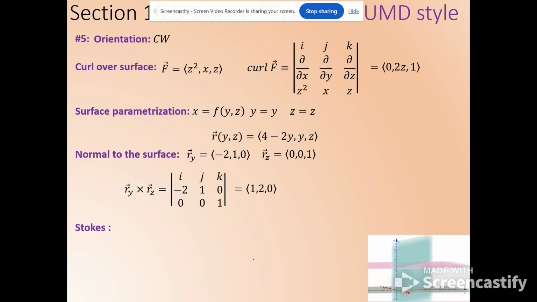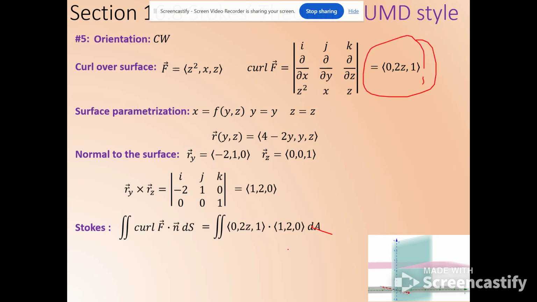Set up my double integral. I curl F. Curl F. Nail down each little circulation piece with its normal. Dot them.